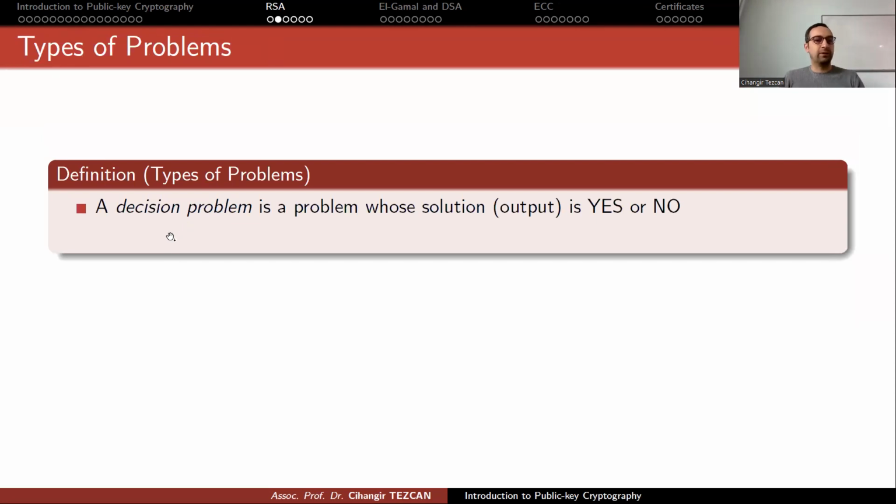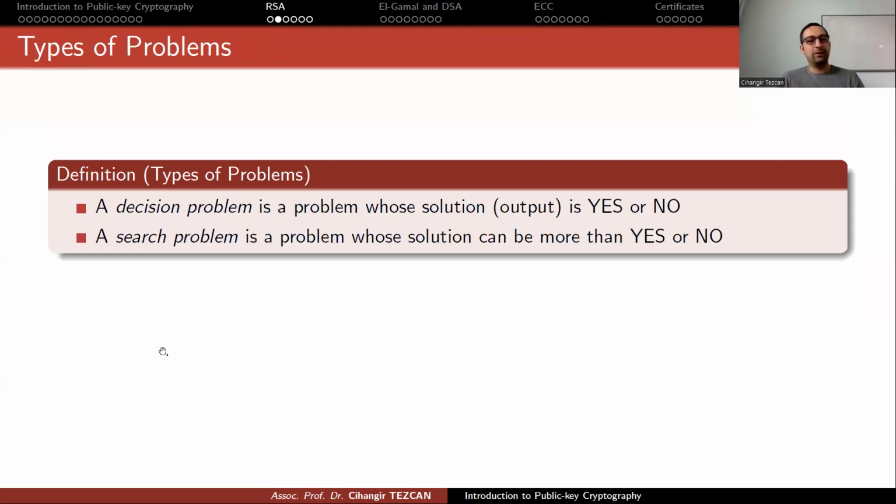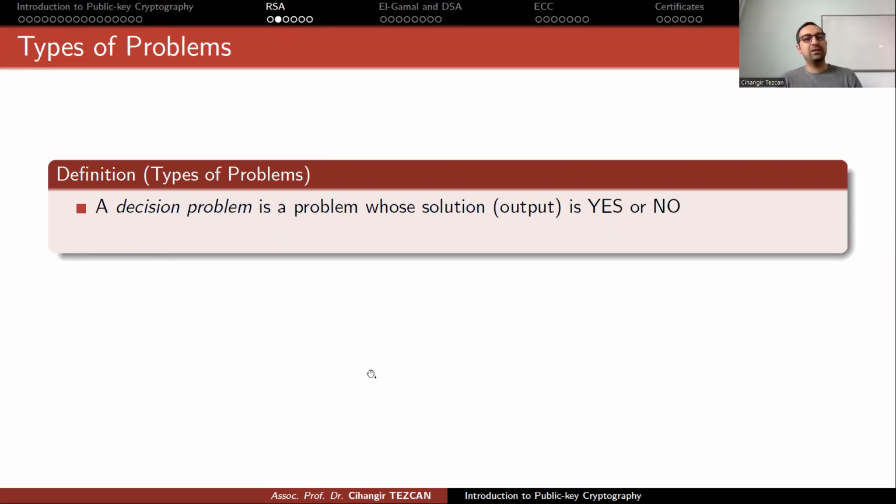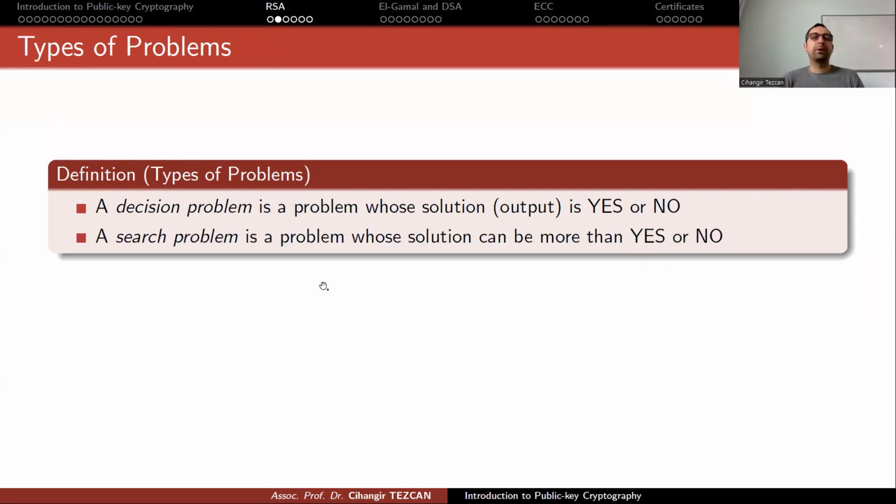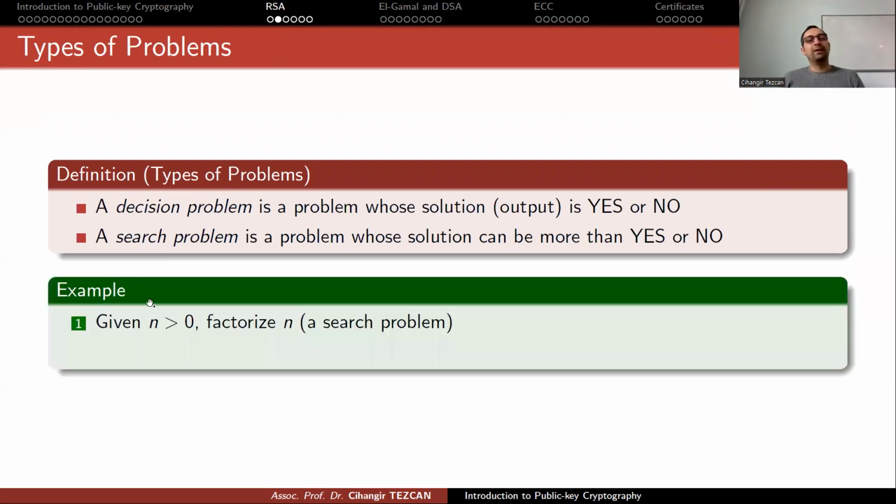because here the 2 types of problems are different. We can divide these problems into the decision problem and the search problem. A decision problem is a problem whose solution or output is yes or no. A search problem is a problem whose solution can be more than yes or no. Here's an example.